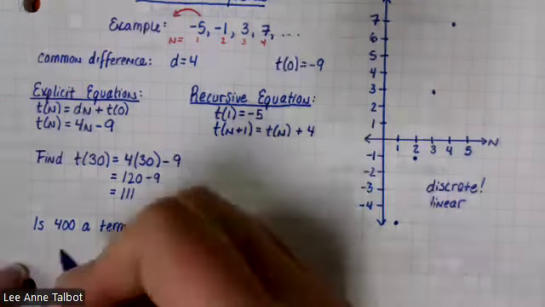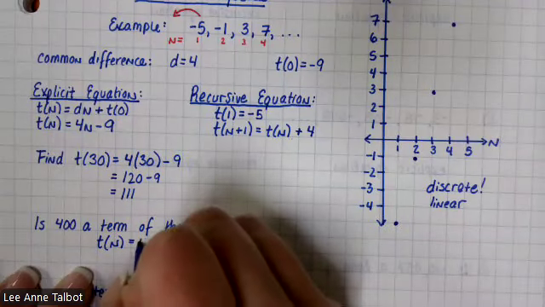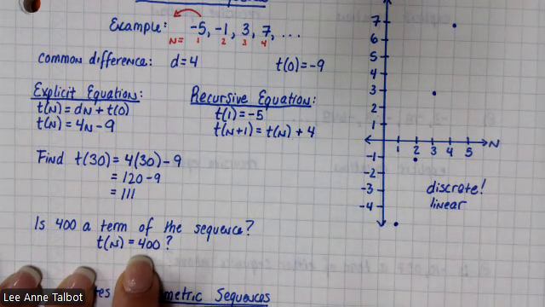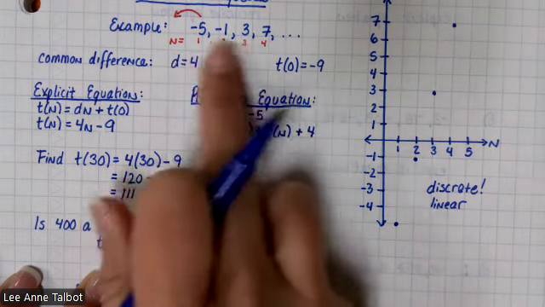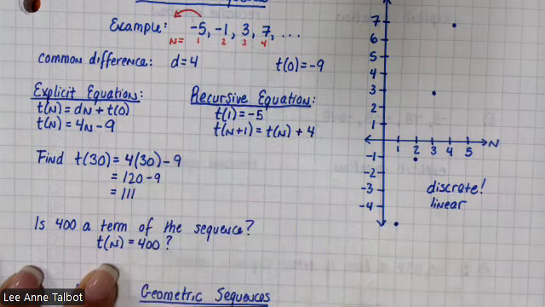Is what it's asking. To change this into notation, I'm going to say, will T of n ever be 400? Will there ever be a term that's 400? I'm going to say I think not, because they're all odds, right? Are they going to be odds always?